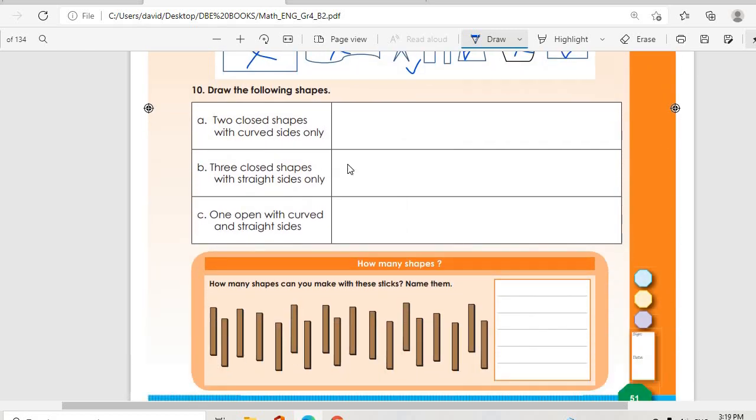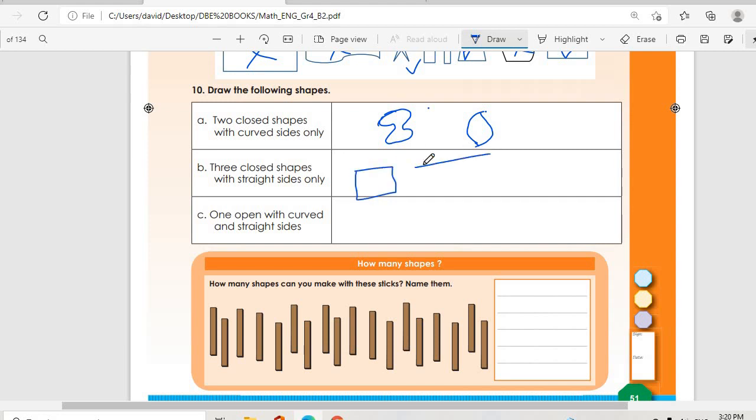Then draw the following shapes: 2 closed shapes with curved sides only. Maybe you can draw a shape like that, or you can draw a shape like that. Then 3 closed shapes with straight sides only.